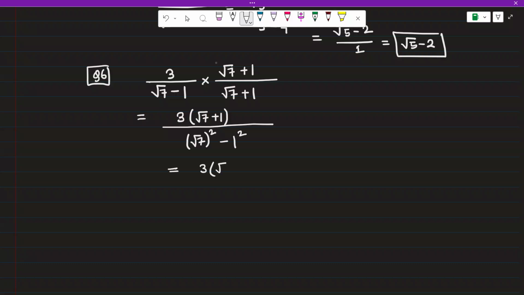So 3 root 7 plus 1 over root 7 square, which is 7 minus 1. That means the denominator is 6. If you simplify that, 3 times 2 is 6. So we got our final answer, root 7 plus 1 over 2. That's our final answer.